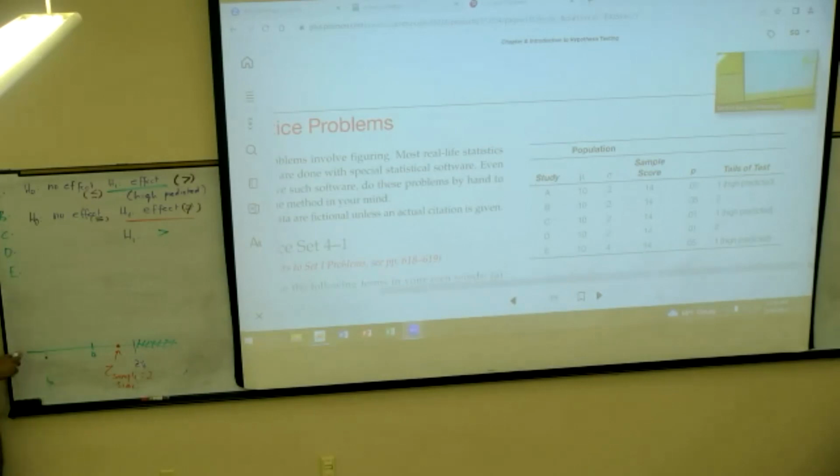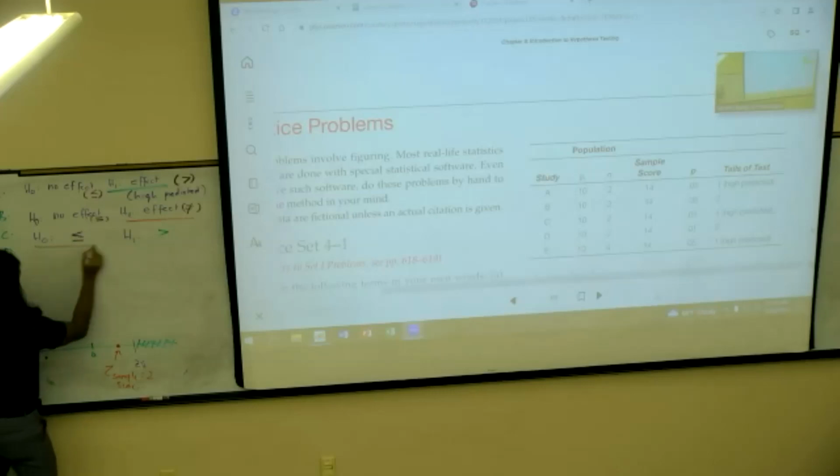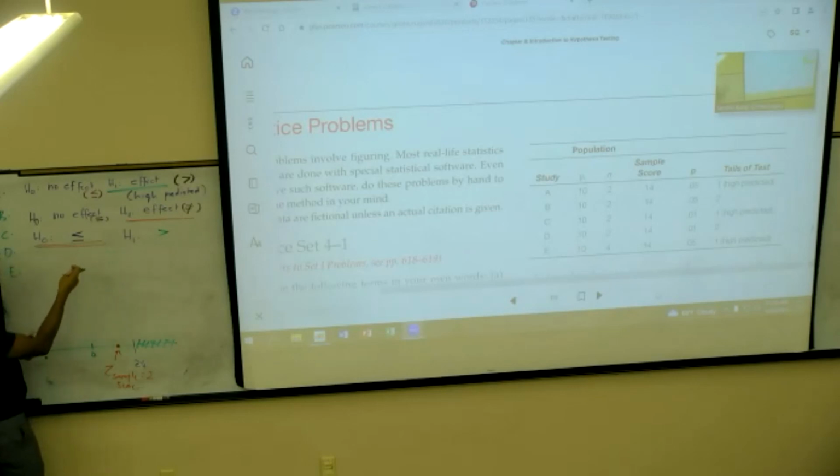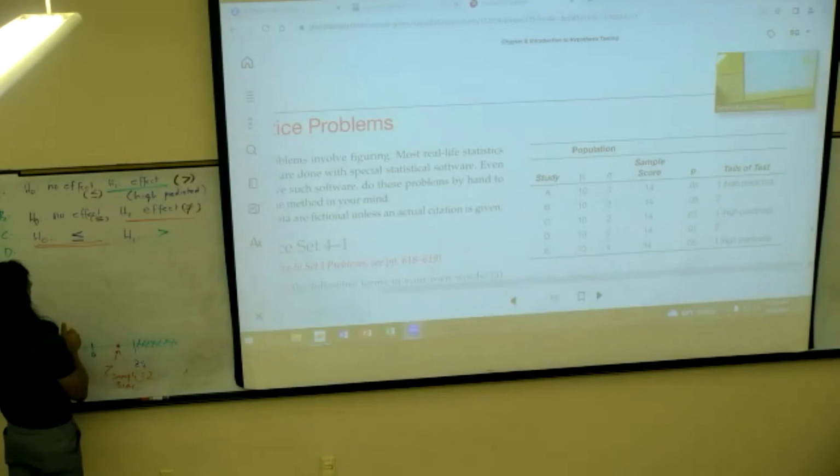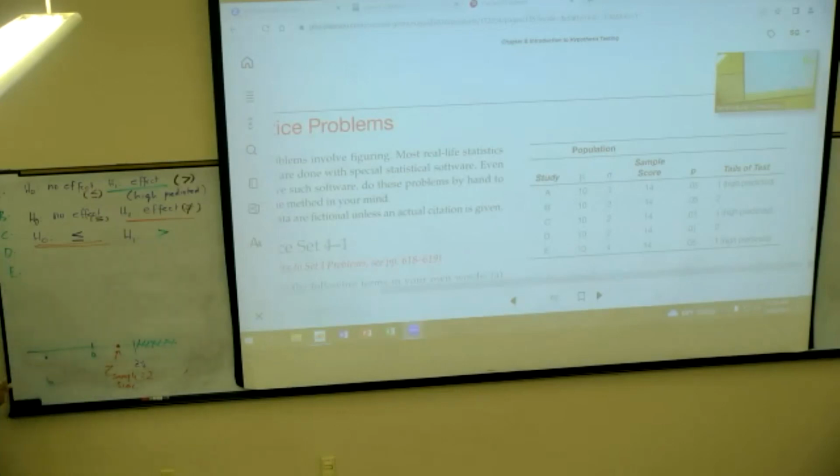If I don't reject the null, the opposite of that is less than or equal to. The sample study found evidence against the predicted hypothesis. Good. So there is not enough evidence to support the hypothesis. Are we clear? Yes.